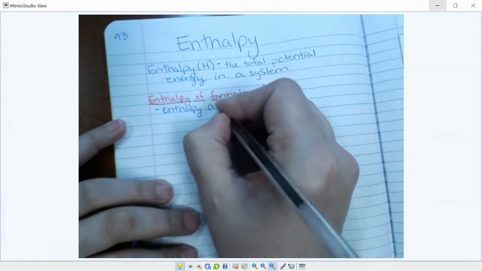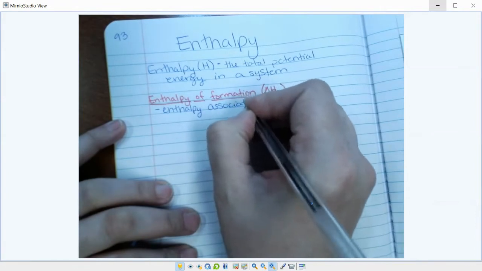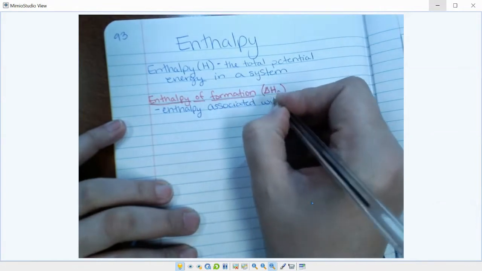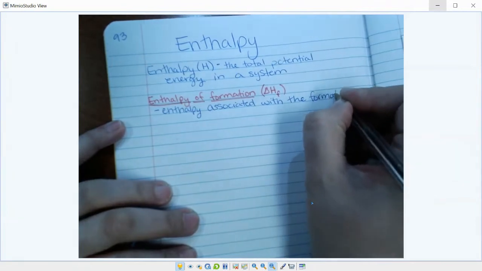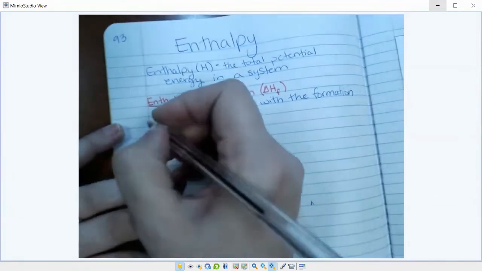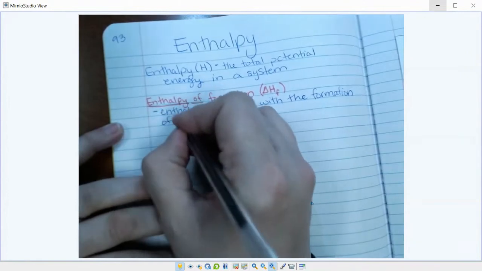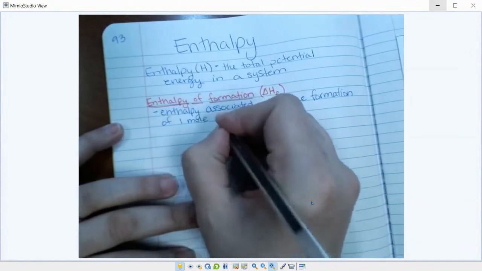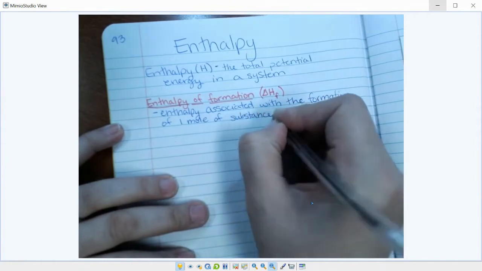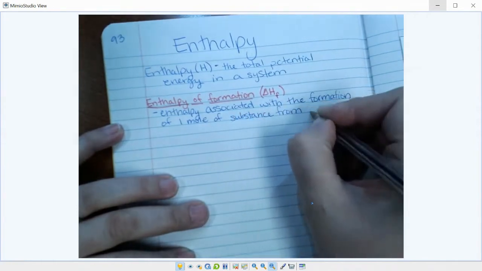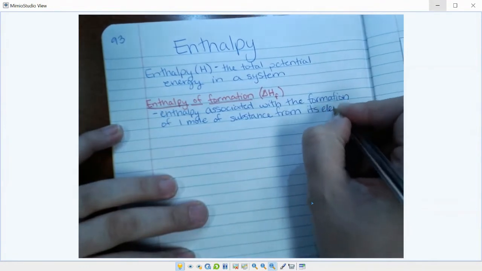And so what enthalpy of formation is, is enthalpy associated with the formation of 1 mole of substance from its elements.